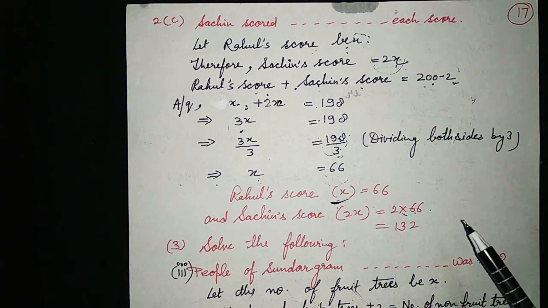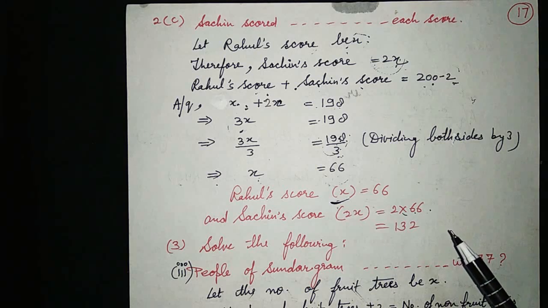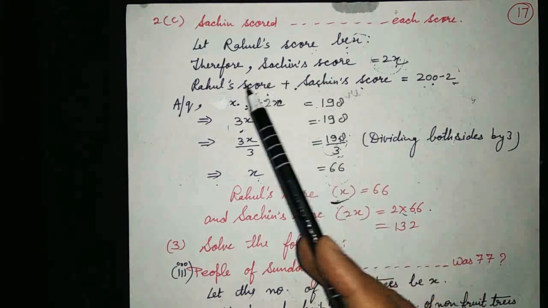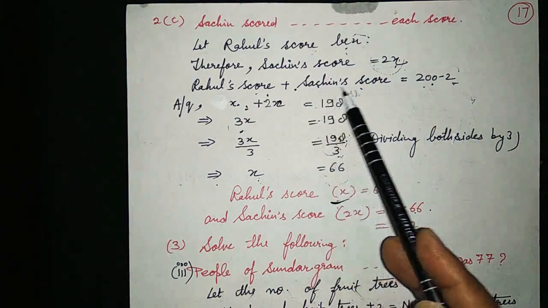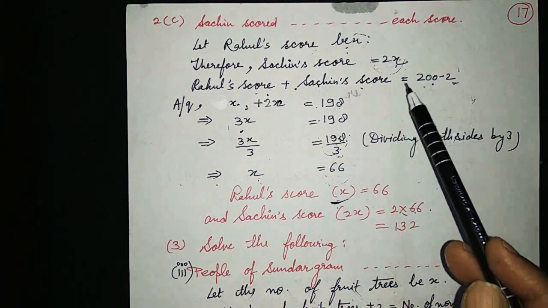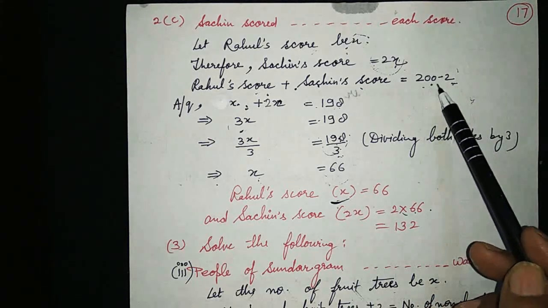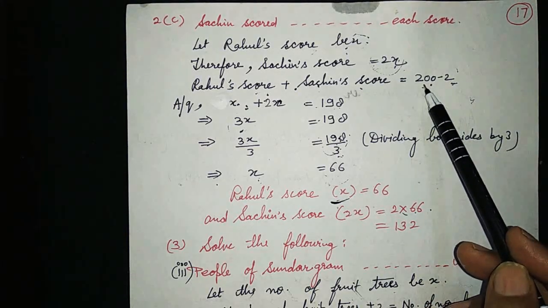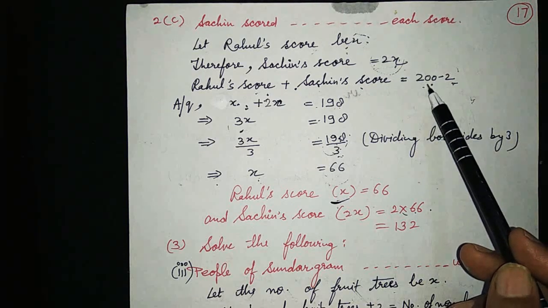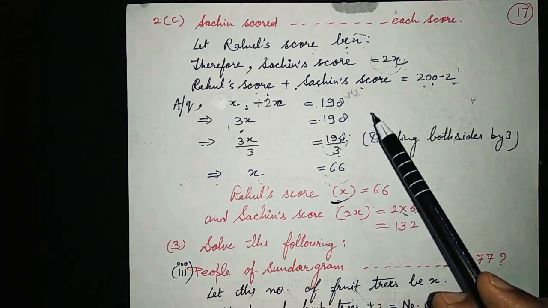Okay? And after that, one sentence is, together their runs fell too short of a double century. Together their runs means Rahul's score plus Sachin's score is equals to 200 minus 2. 200 means, you know, 100 means 1 century, 200 means double century.